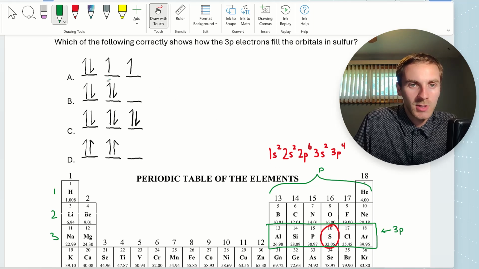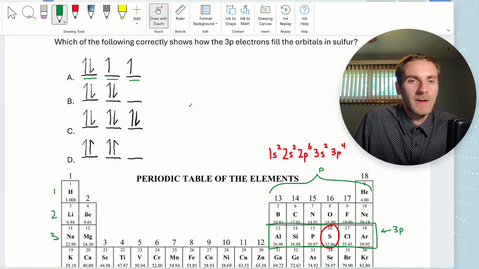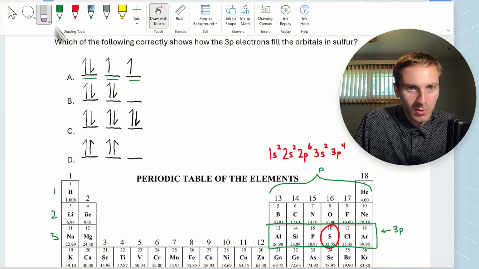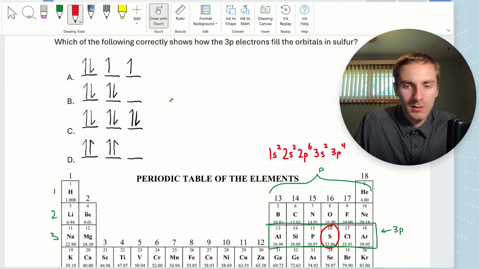That's why each of these options has 1, 2, 3 of those horizontal lines. Those are our orbitals. So p has 3 orbitals because it can hold up to 6 electrons, but there's not actually 6 electrons in the 3p orbitals for sulfur.